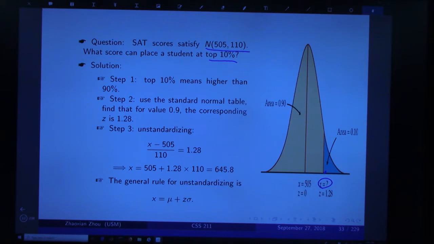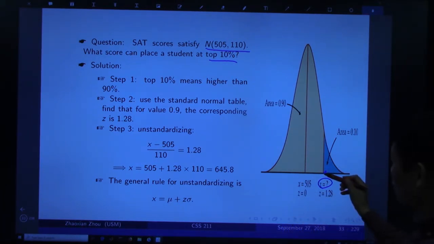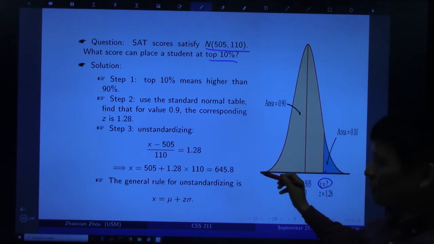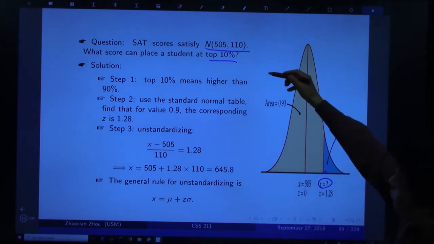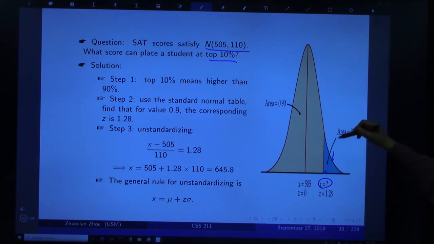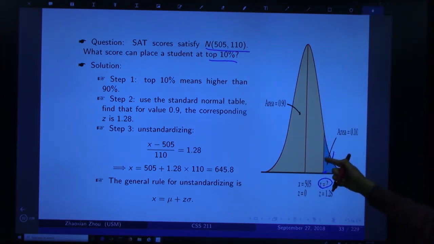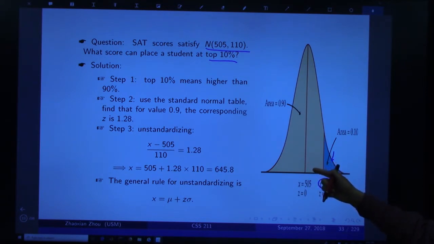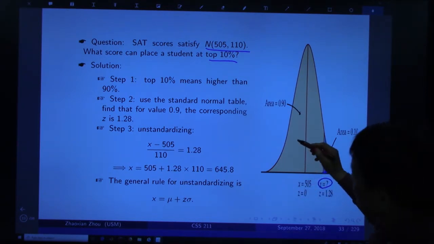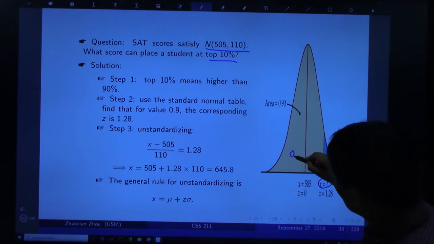Again, recall table A, the cumulative distribution. The numbers in table A are the cumulative distribution, meaning the area from this point all the way to the left. In this example, you want to be in the top 10%, so only 10% will be higher than you. That means you are higher than 90% of the students, so the number must equal 0.9.